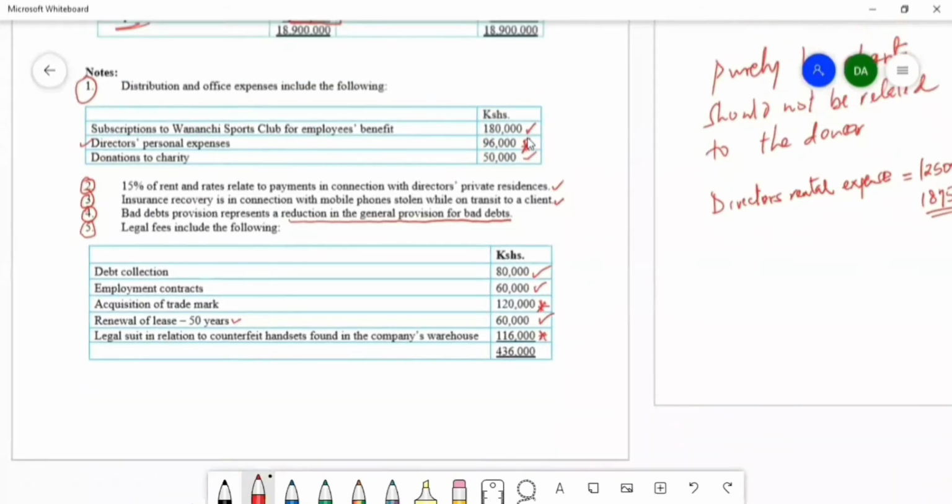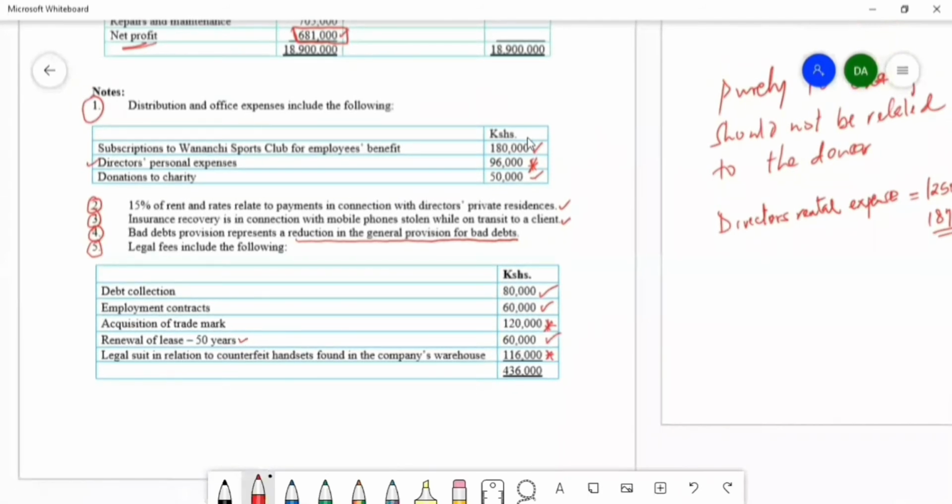After the 96,000, we look at the next one. We have this item here, director's rental expenses, and we calculated it.